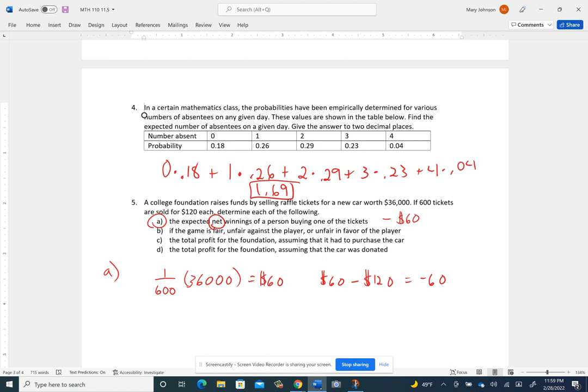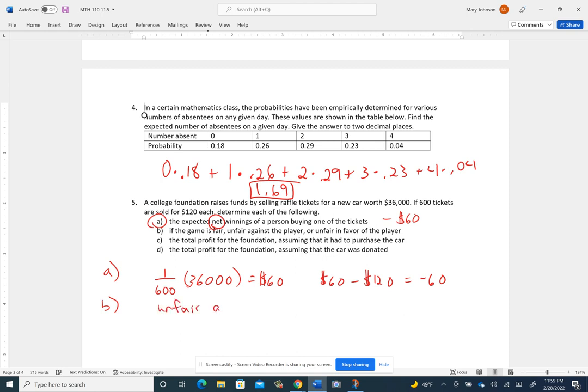Now B asks to determine if the game is fair, or if it's unfair against the player or unfair in favor of the player. So it's unfair against, isn't it?